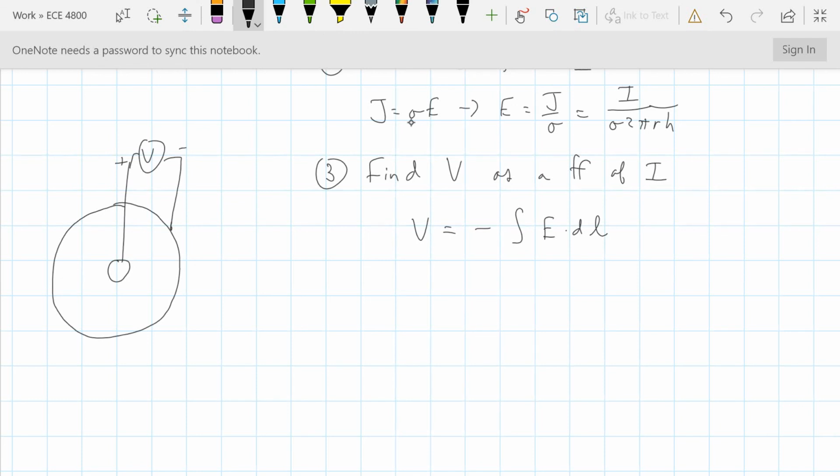We integrate from low potential to high potential, so we're integrating in this direction, from one radius to another. So what is our dl going to be? R hat times dr.